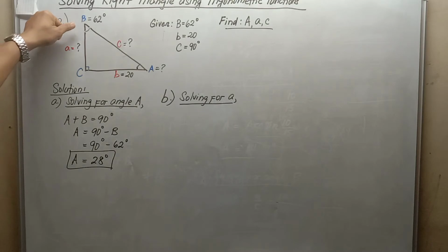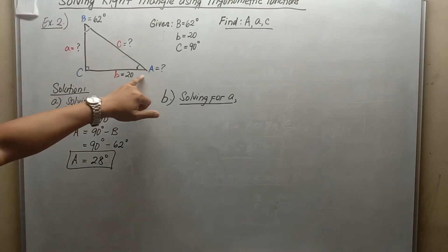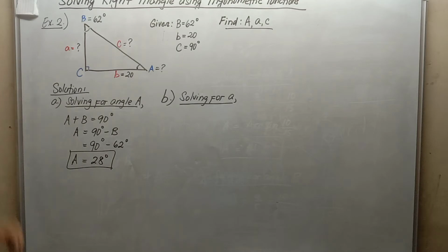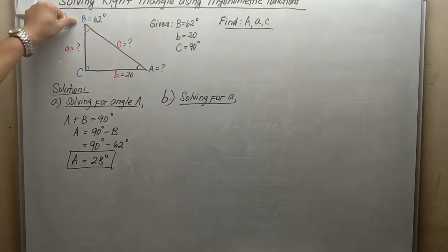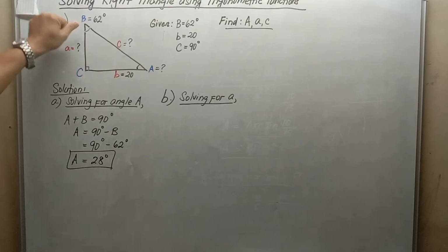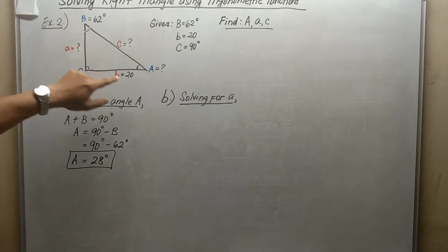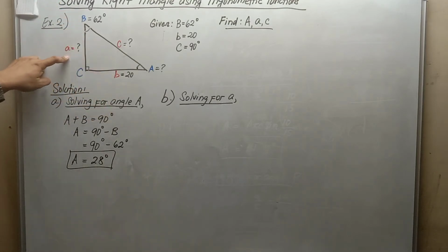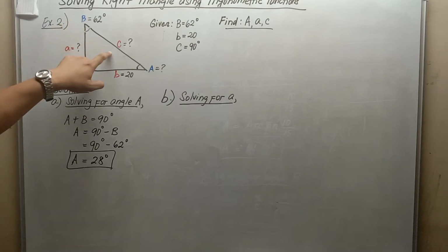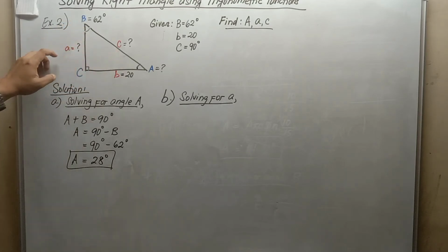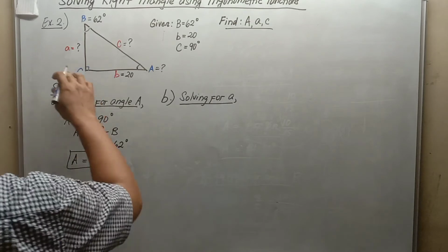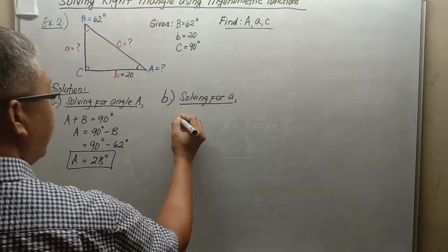Take note, we have the given angle B and we have calculated the angle A, which is 28. So we can use either cosine B or we can use tangent, okay? Tangent B, so opposite over adjacent. We cannot use the cosine because we don't have the value of the hypotenuse, and also the sine. So what we're going to use to find the A is tangent.